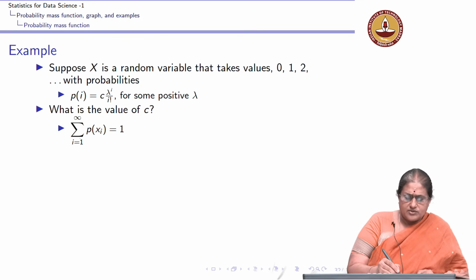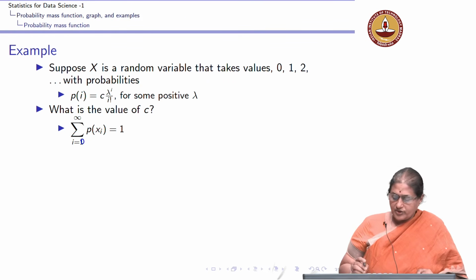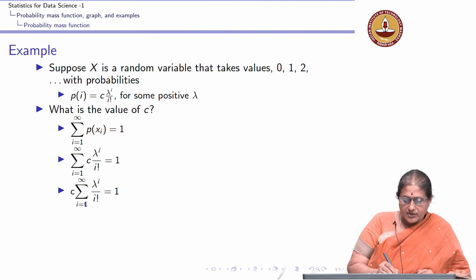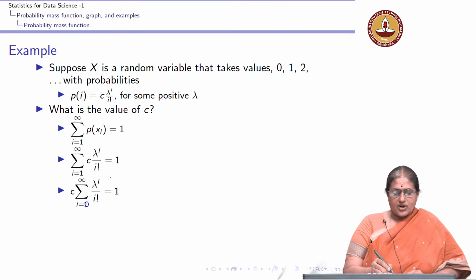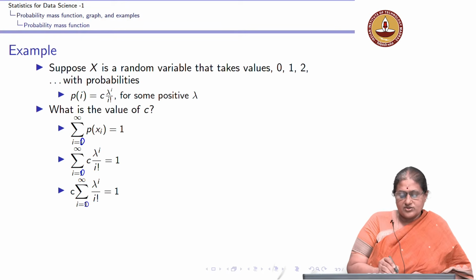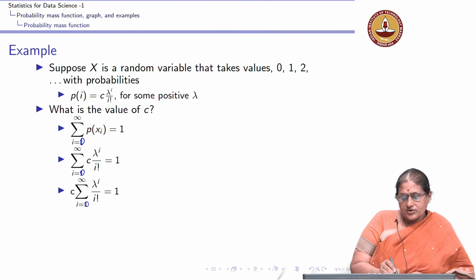So, the question is, what is the value of C for which this is a probability mass function? I am sorry about this, i goes from 0 to infinity here.